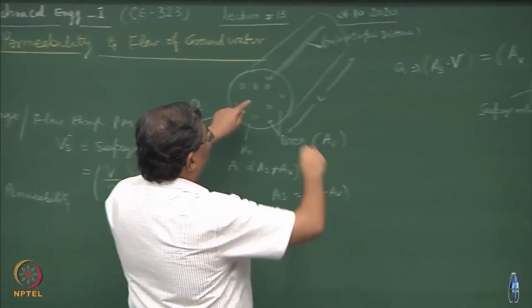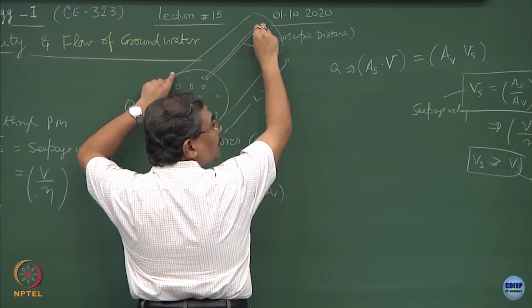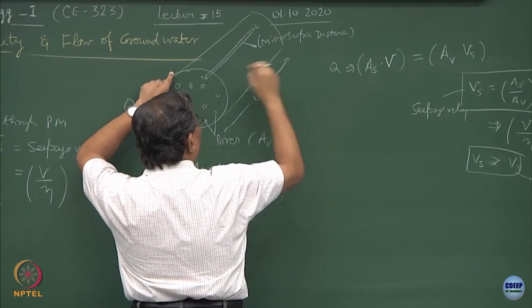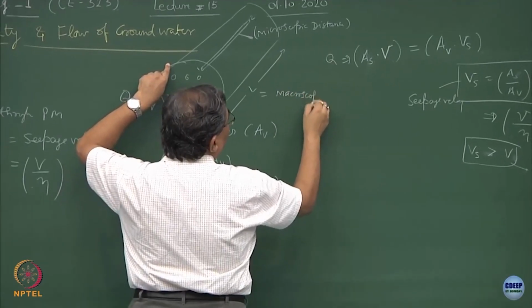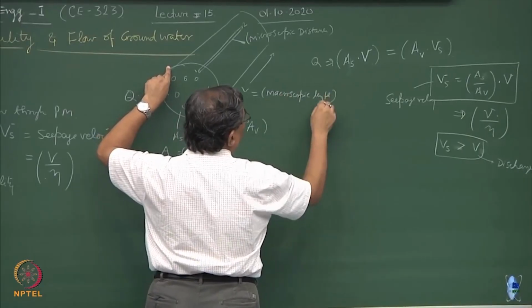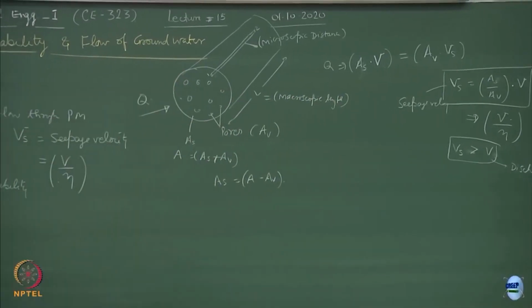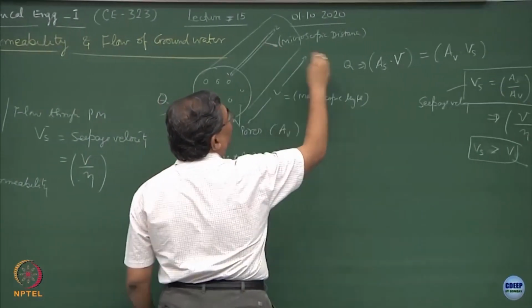The water molecule has to travel from one point to another point either in the microscopic length or in the macroscopic length. So, L will be the macroscopic length. To maintain the continuity, now, this path is going to be tortuous.